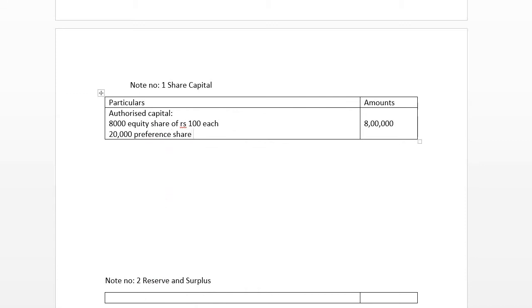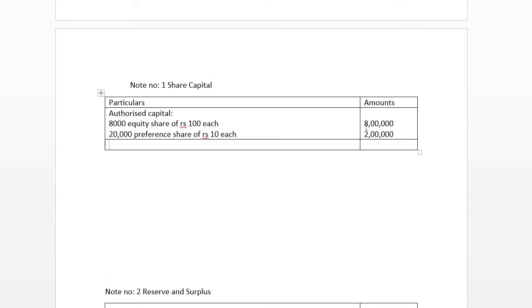Preference shares of rupees 10 each. At that time 2 lakh is the amount of preference share capital. When we make the combination of it, automatically 8 plus 2 is equal to 10 lakh.